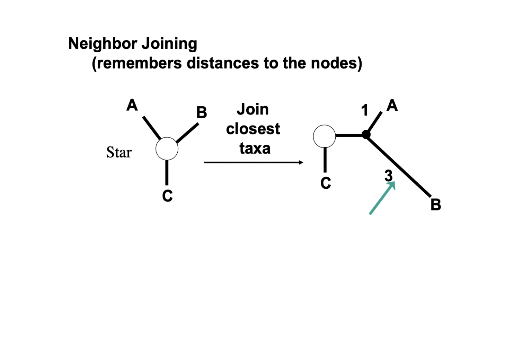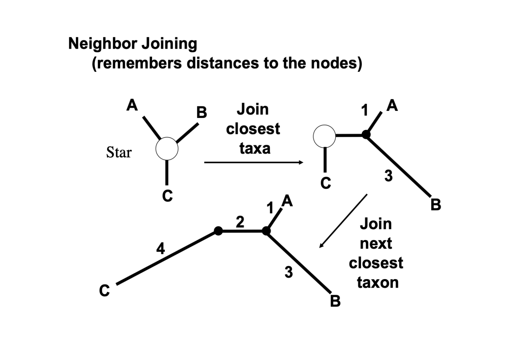And then it joins the third taxon up. So in this case, it joins C to a node and that internal branch of 2, and comes out with a tree that looks a lot like the original tree. In fact, the distances are identical.